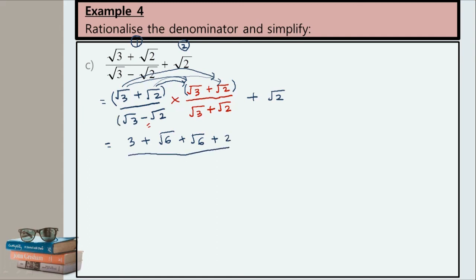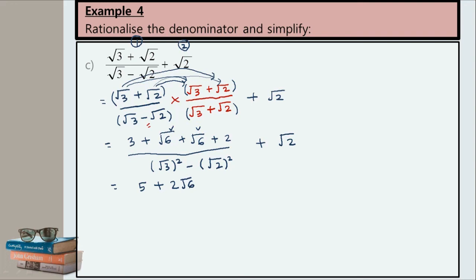okay, this one a minus b, a plus b. So again a squared, so our a is surd 3 squared minus our b is surd 2, so surd 2 squared. Don't forget to plus surd 2, our second term, and then simplify. 3 plus 2, 5 plus surd 6 plus surd 6, 2 surd 6.